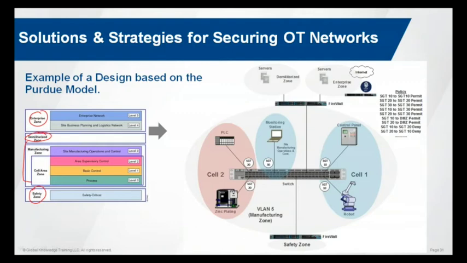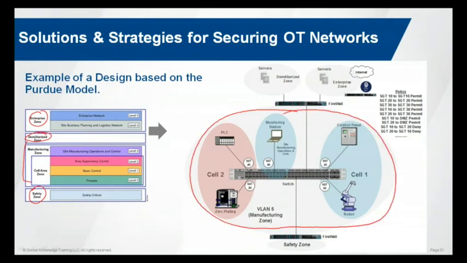For example, here I'm focused on my manufacturing zone, and I provide a VLAN 5. So every zone you probably will use one VLAN, and within that zone is subdivided with multiple cells. I have cell 1, cell 2. Now notice here, each cell I was able to use TrustSec to assign a unique tag.